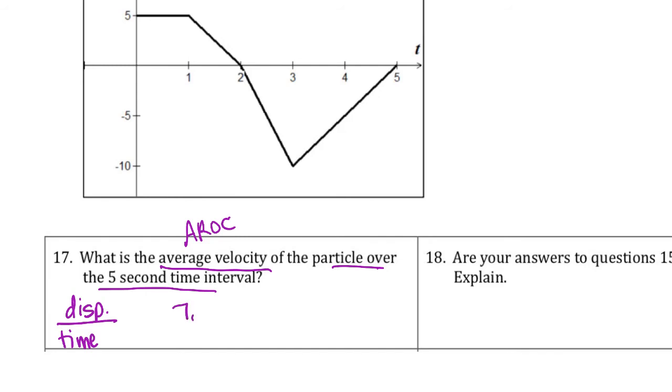We had 7.5 minus the 15 units back to the left over our time interval, which was 5. So 7.5 minus 15, and that's going to reduce down to be negative 1.5.